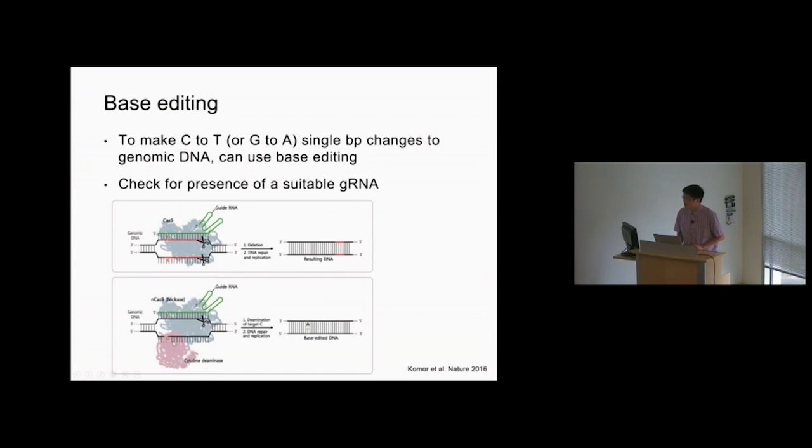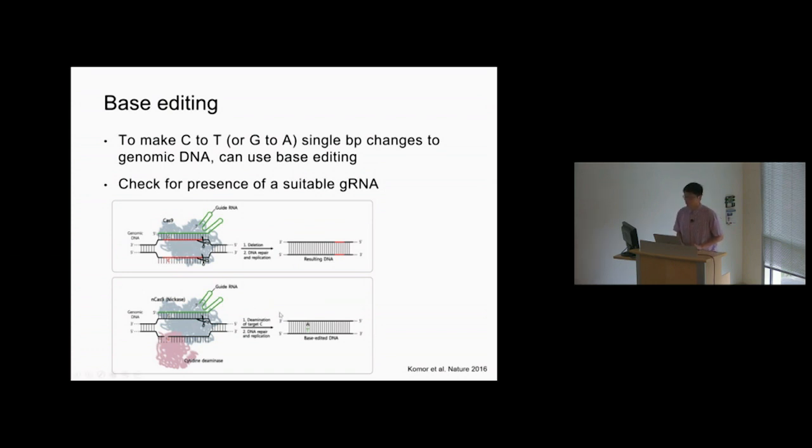That deaminase domain can deaminate any cytidines within an activity window from C to T. When that happens, that C to T edit becomes permanent without actually having created a double-stranded break in the process. This can be very efficient, I think up to 75, 80% efficiency in HEK cells, and it's a great way to create this C to T mutation.